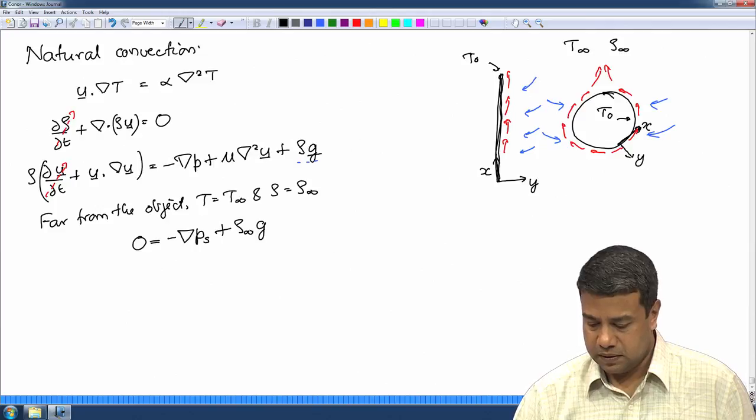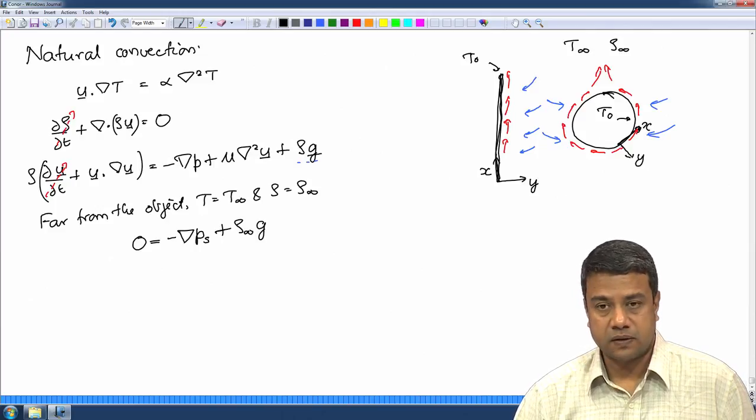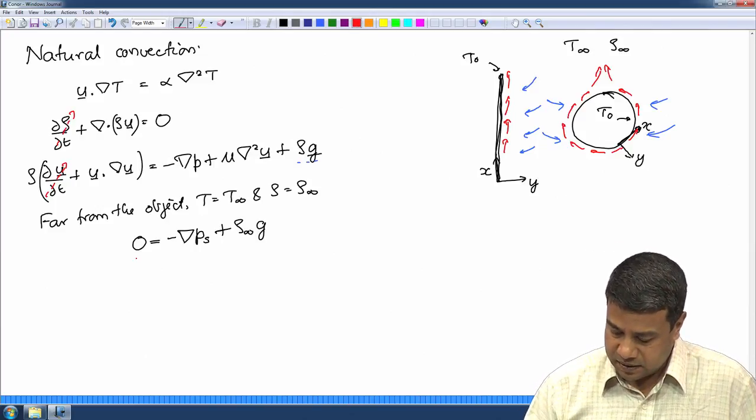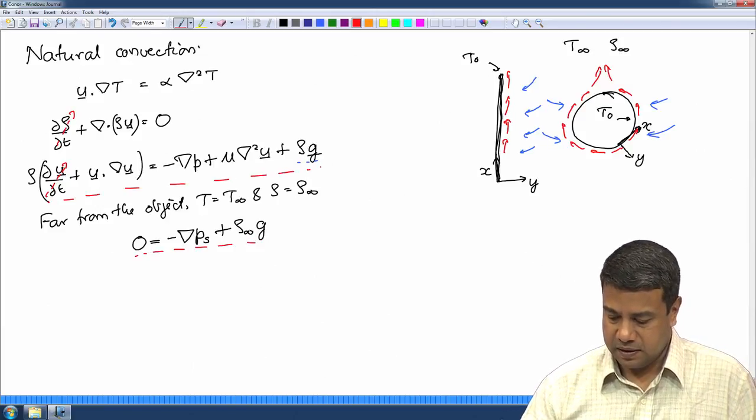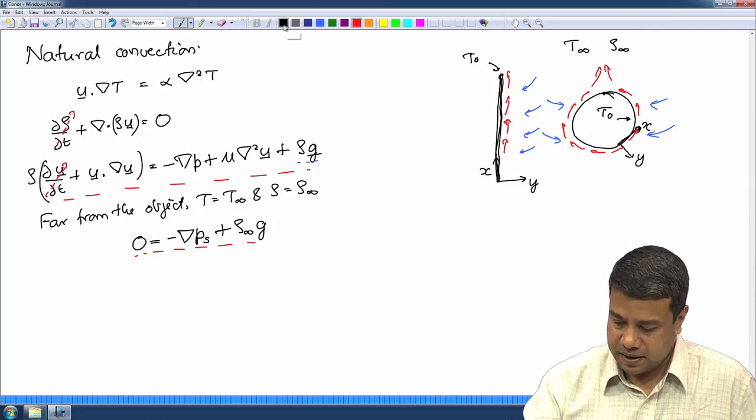Now, I can subtract out this hydrostatic equation from the actual equation, to get an equation that contains only the dynamical part.